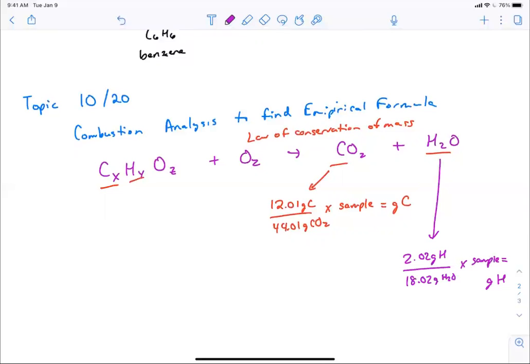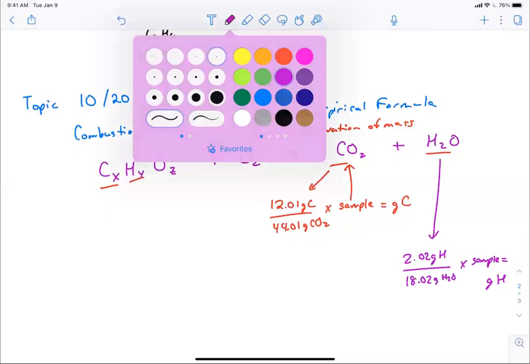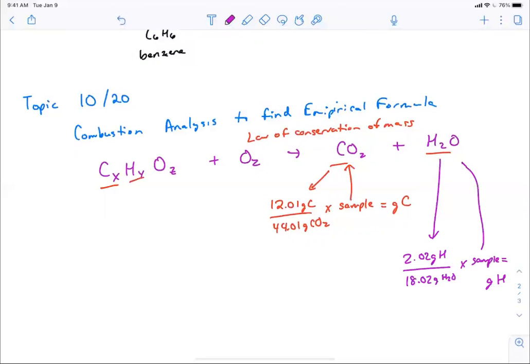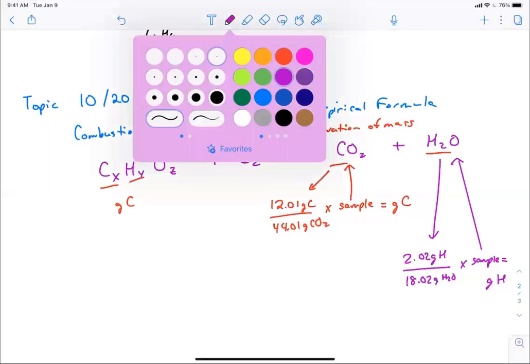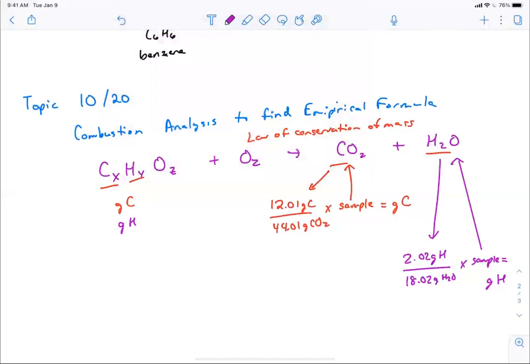And what I mean by sample, just to clarify, is they'll give you the mass of CO2, and they'll give you the mass of H2O, and you'll use that for that. And that allows you to figure out the grams of carbon and the grams of hydrogen.